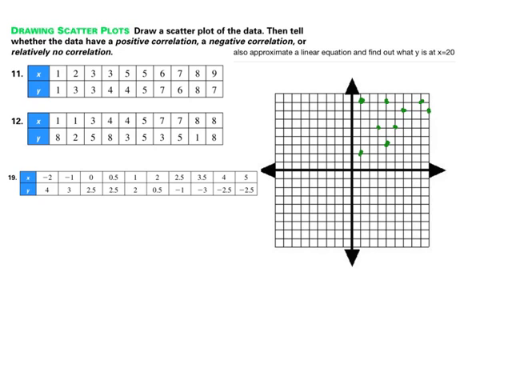You look at this, I can't draw a line that best fits this, therefore no correlation. If there's no correlation, we cannot approximate what y would equal if x equals 20.